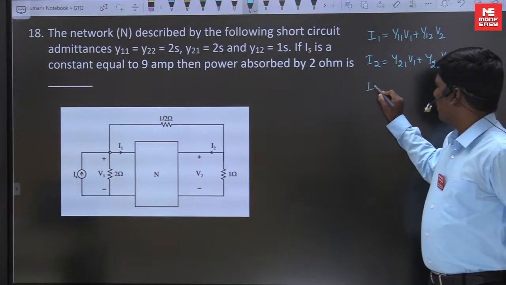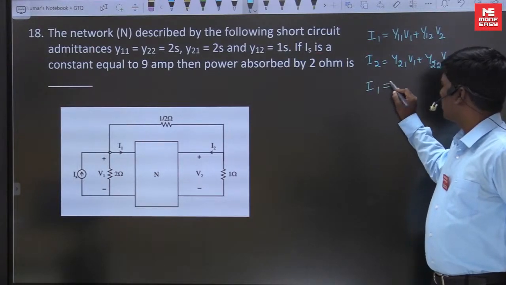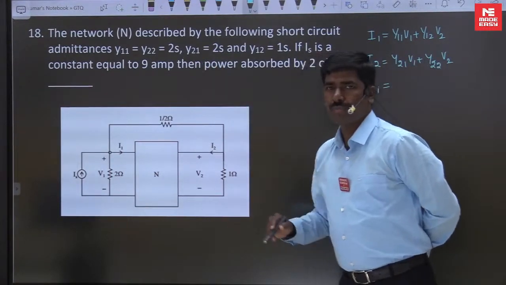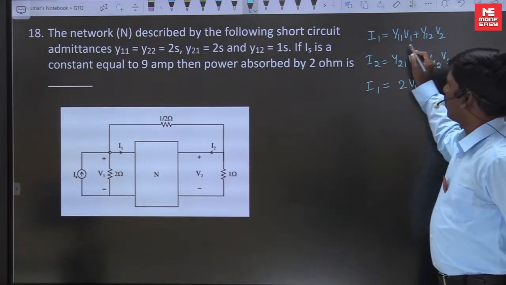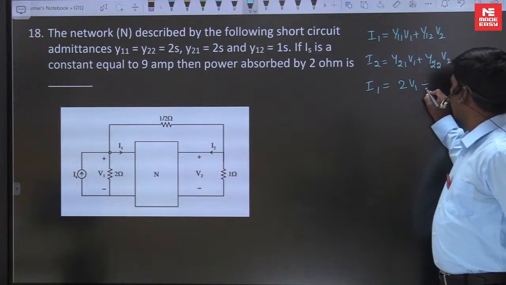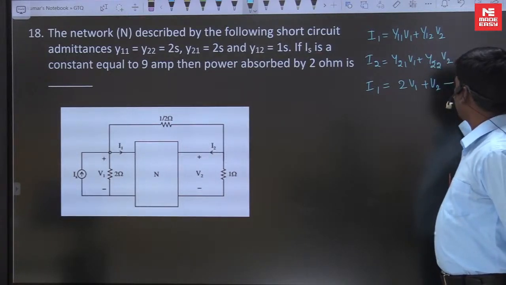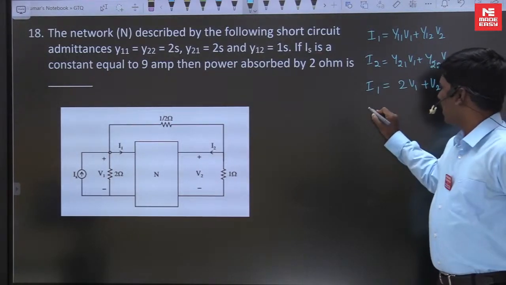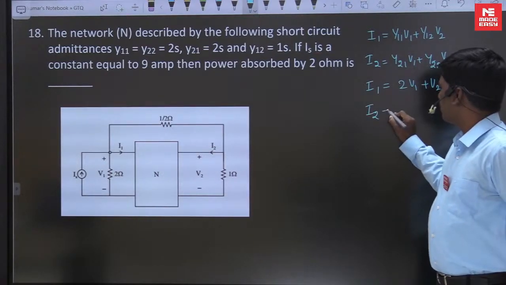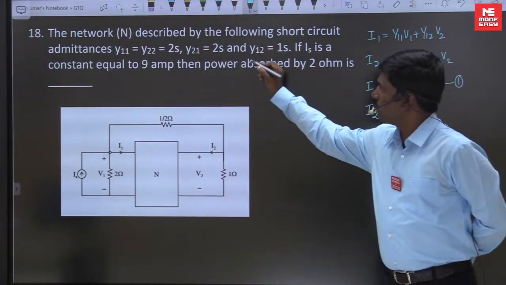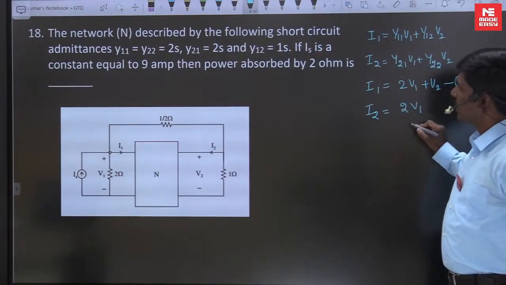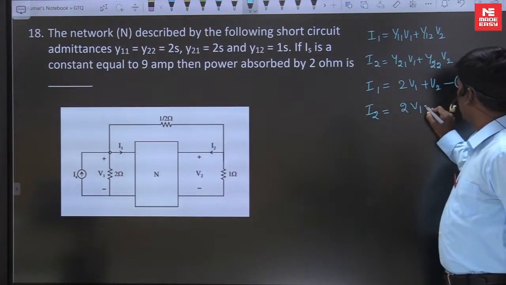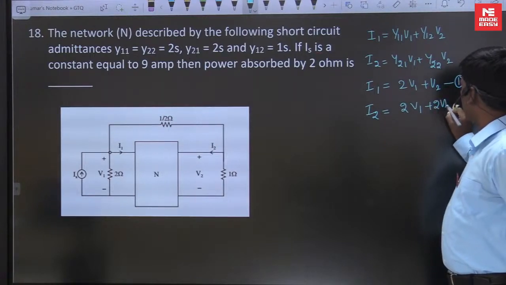What is y11? y11 is 2, y12 is 1. So I1 is equal to 2 V1 plus V2, equation 1. I2 is equal to, y21 is also 2, V1, y22 is also 2, V2.